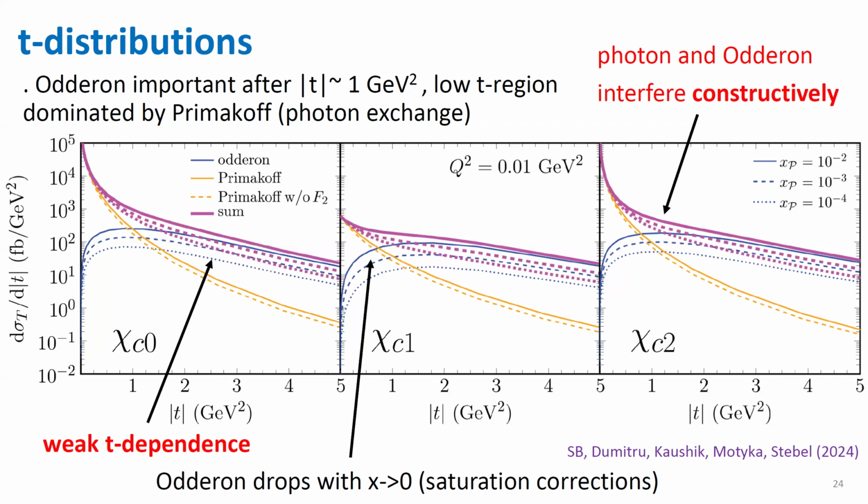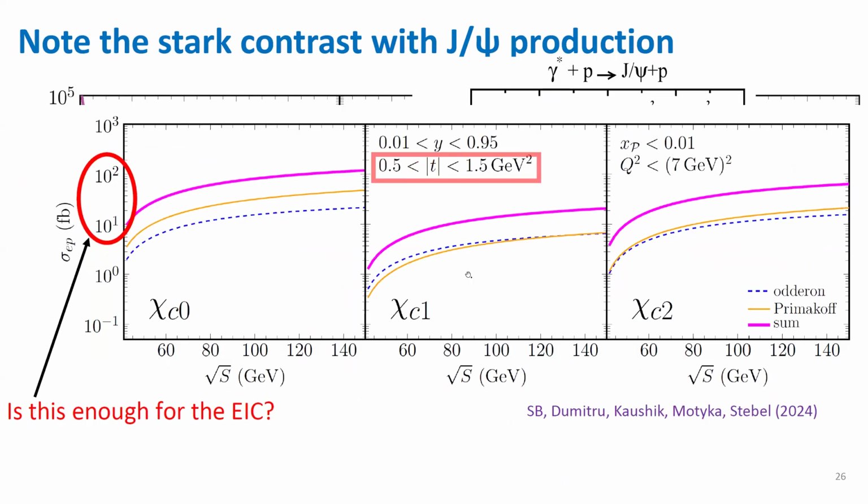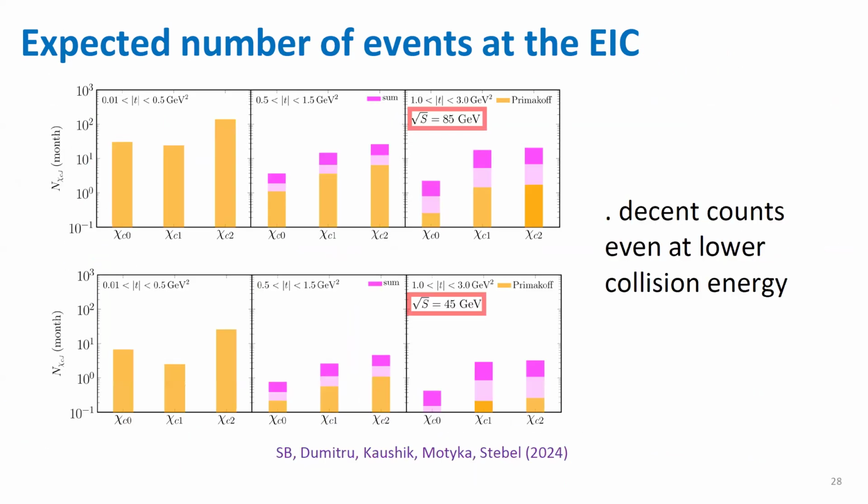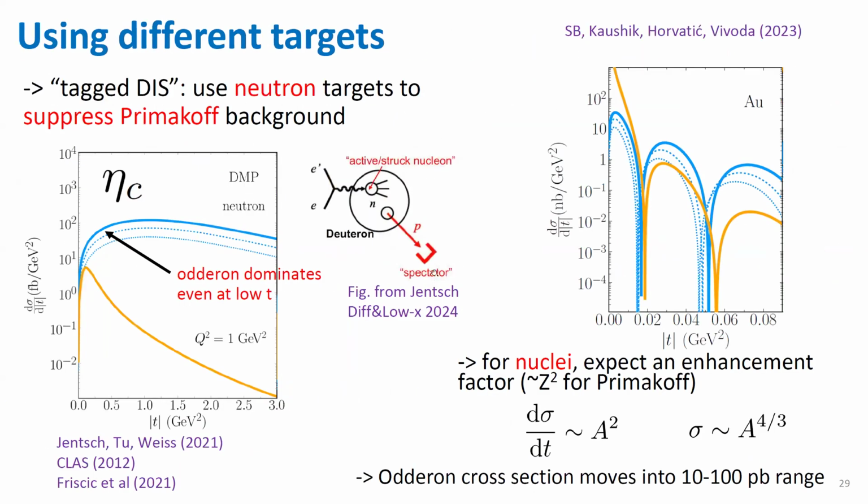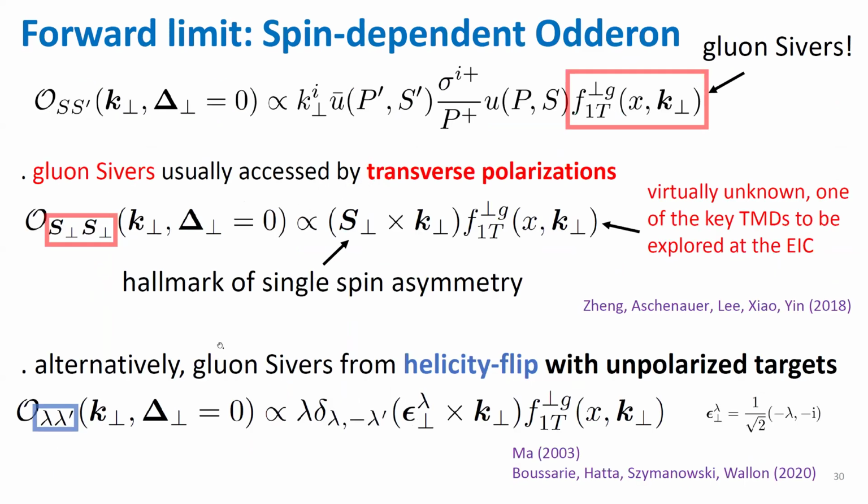May I have a question? For the Odderon, if the target is polarized, the Odderon will be more important compared to the unpolarized target. I have the same question actually. For the polarized case, you can consider single spin asymmetries, and this is the way to probe the Gluon-Sivers function.